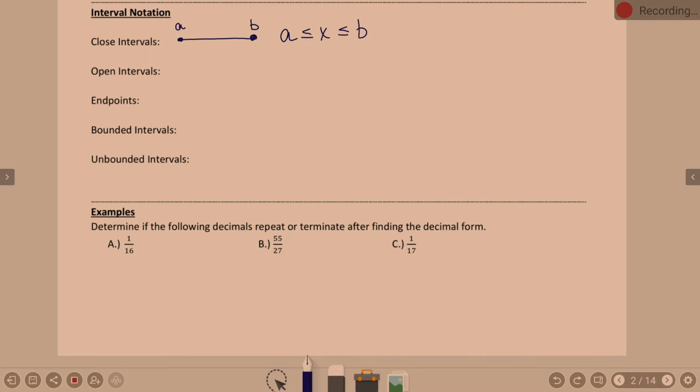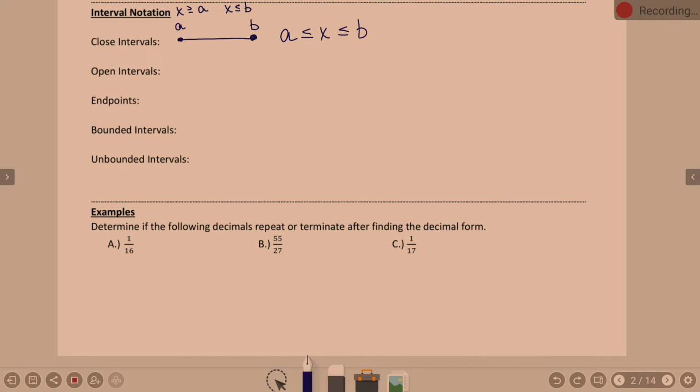Yeah. So you can think of it as X greater than or equal to A, and less than or equal to B. But we combine them into one. It reads A less than or equal to X less than or equal to B, yes? And those signs will always be going the same way.